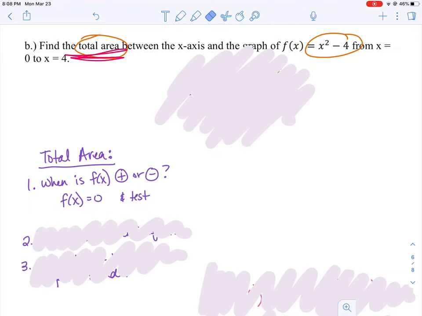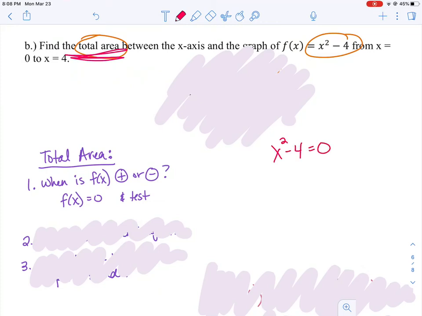When is it above the x-axis versus when is it below? And so we can determine that by figuring out first, where does it equal 0? Where does it touch that x-axis? And then once we find that number, we can figure out right before that number, is it positive or negative, above or below? Right after that number, is it positive or negative, above or below? So let's do that now.